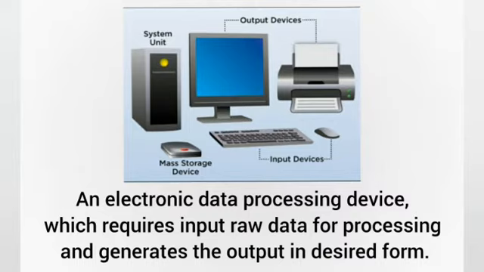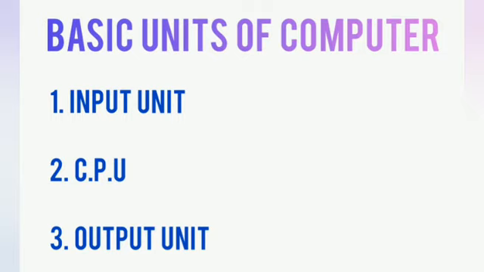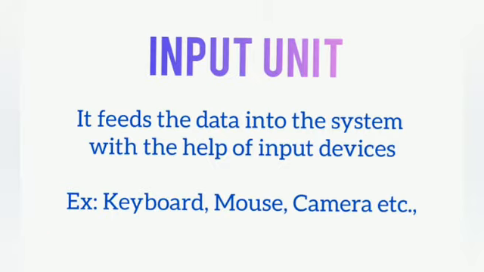Now let us understand the basic units of the computer. A computer is divided into three basic units, that is the input unit, the central processing unit, and the output unit. Coming to the input unit, as the name suggests, it contains input devices, maybe a keyboard, mouse, scanner, or any other input devices.